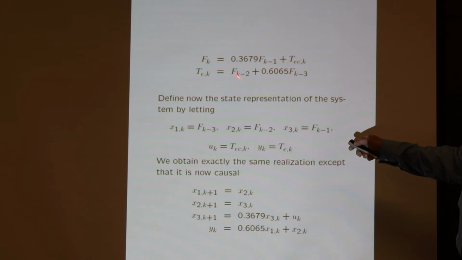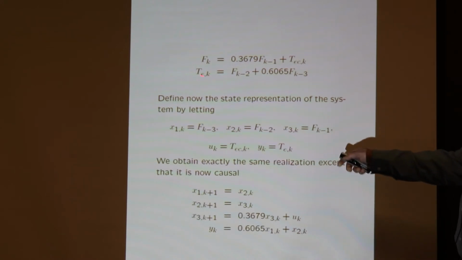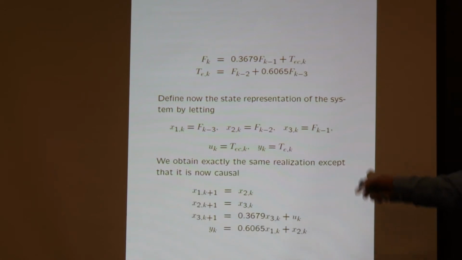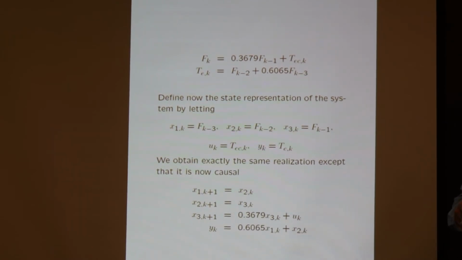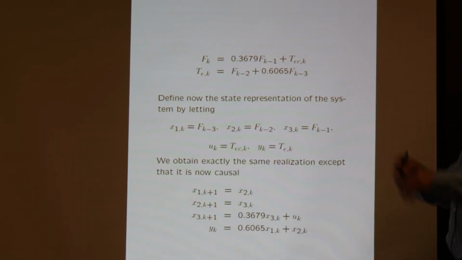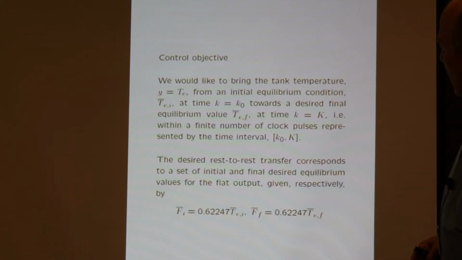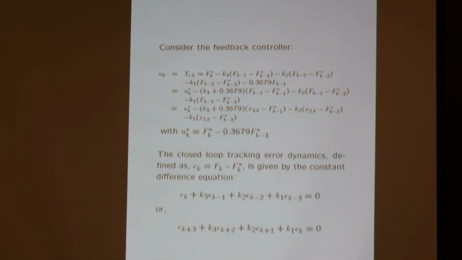In fact, it's 2 and 3 steps before, so you quickly manage to drive this to F, but then the output temperature will have to wait a certain number of steps before it starts reacting. So you have an implicit delay there that you don't want to deal with. You want things to start right on time, and that's why you impose a third order dynamics, because that's compatible with the system.